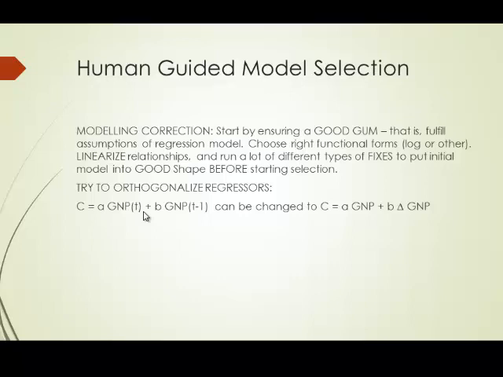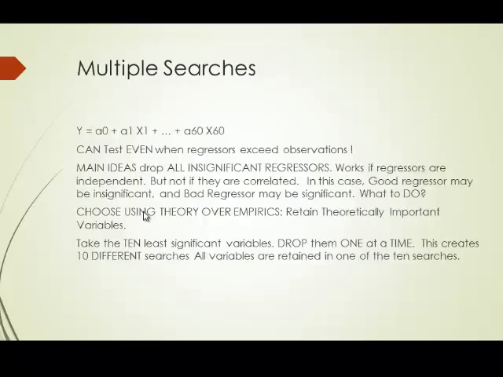It creates random combinations and it's very hard to interpret. That conflicts with the requirement that you should have some theory guiding your selection, so principal components is not the preferred method. The preferred method is to think about determinants, to try to orthogonalize them, and to keep them interpretable.